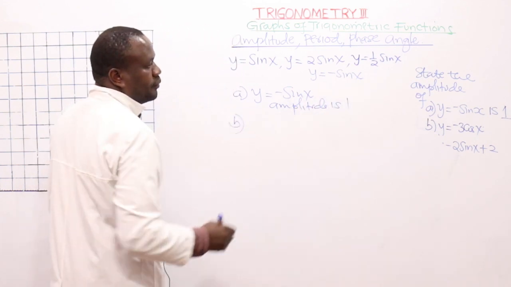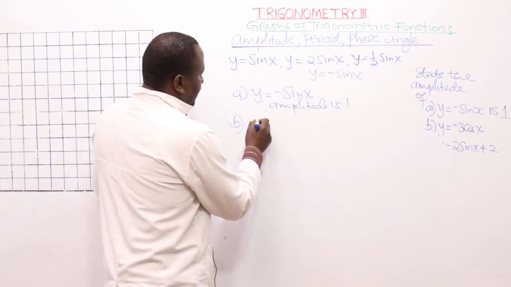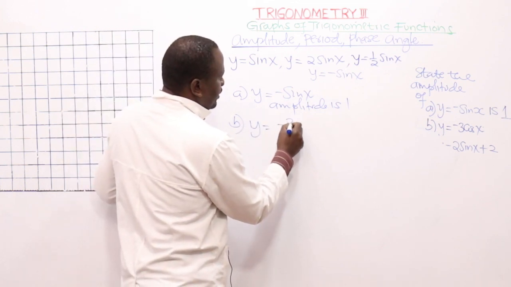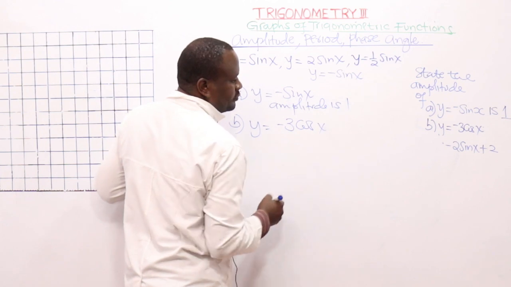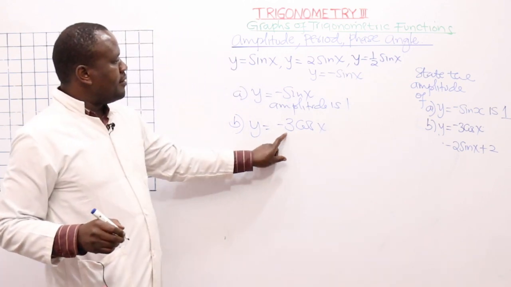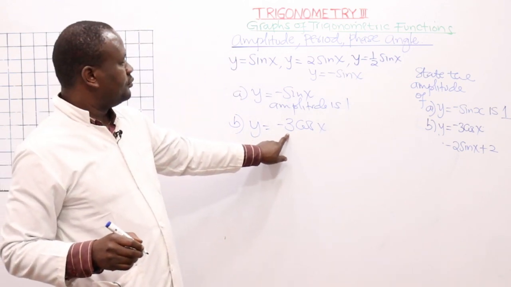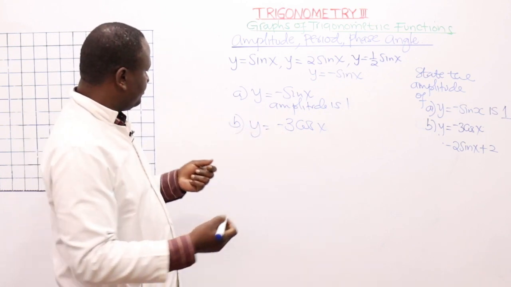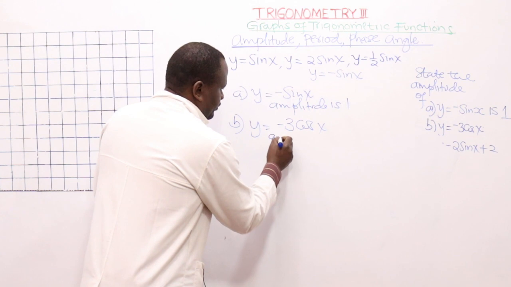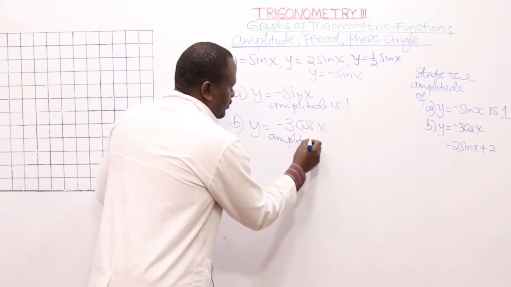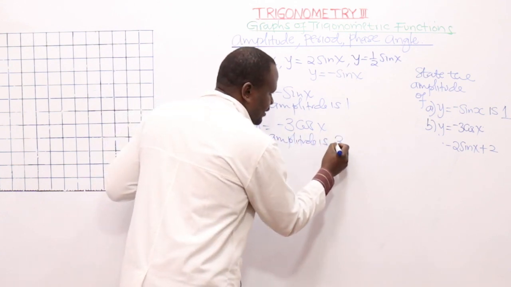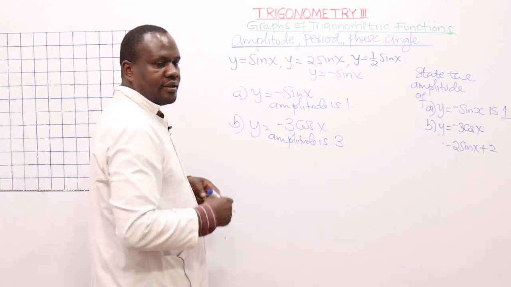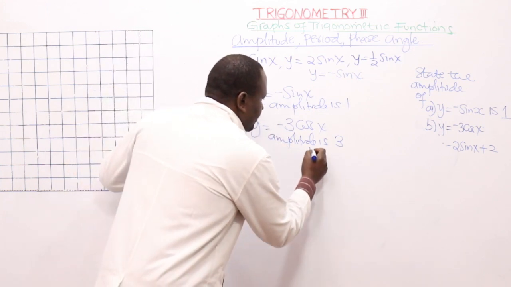B, for y is equals to negative 3 cos x, the amplitude is this value, and we ignore the negative sign. The amplitude is 3.